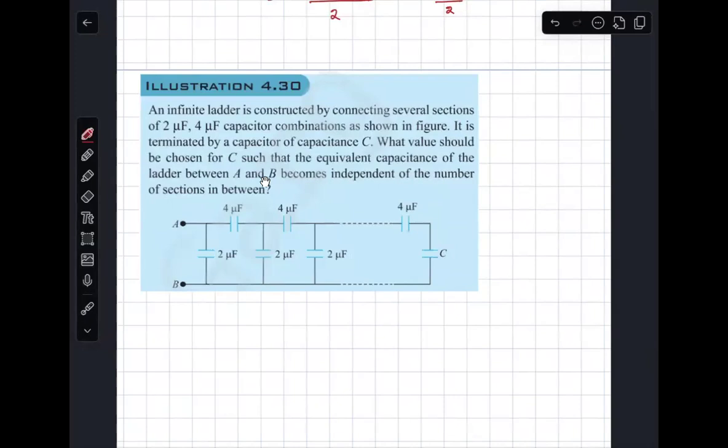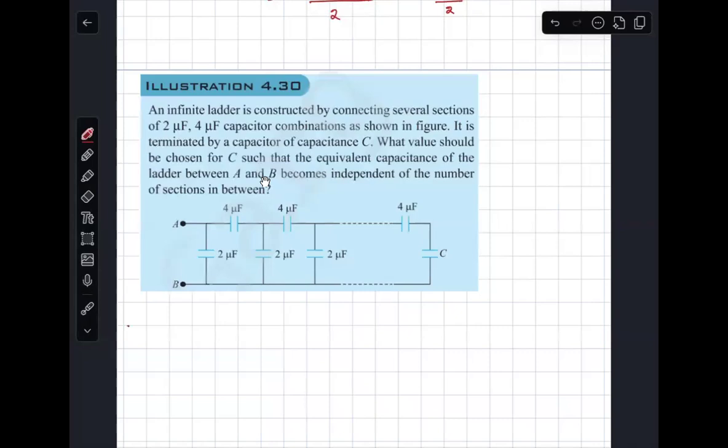Now, please try to understand. The equivalent capacitance of this given infinite ladder between A and B becomes independent of the number of units in between. This is what they want. What does that mean?